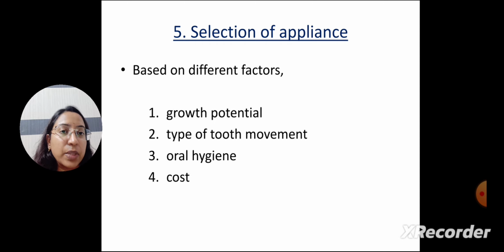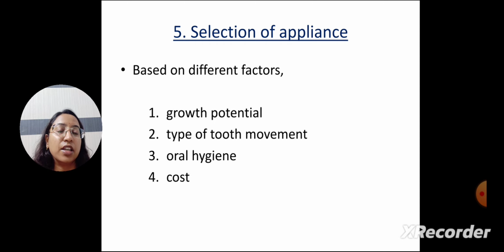Then based on the tooth movement, suppose there's just a single tooth that has to be moved, or it's a simple tipping movement, so in those cases we can give removable appliances which will very easily resolve the issue. Whereas for multiple tooth movements or for severe crowding, severe proclination where many teeth are moved at a time, that will need more of a fixed appliance therapy.